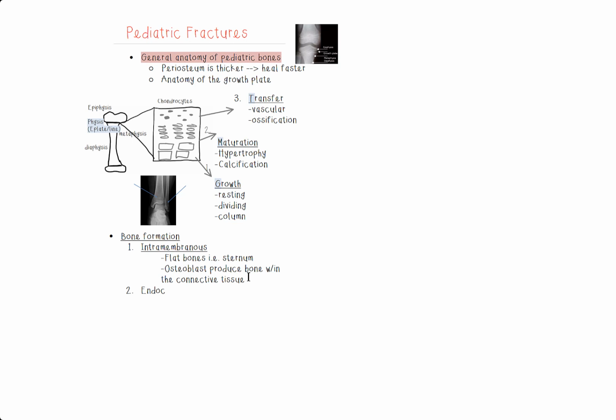The second one is the endochondral ossification. This is what long bones do, like tibia and the fibula. And this is where the cartilage is replaced with bone.